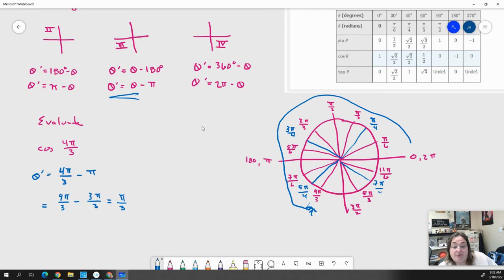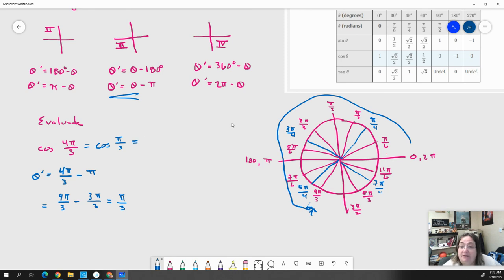So at pi over 3, what do we know? We know that we're looking for cosine of 4 pi over 3. And we know that that is equivalent to the cosine of pi over 3. The only thing that would change is the sign, right?